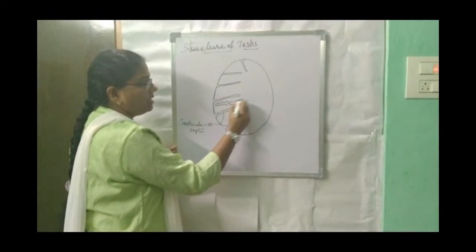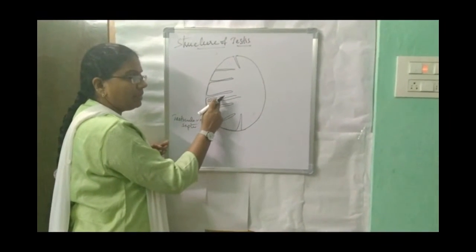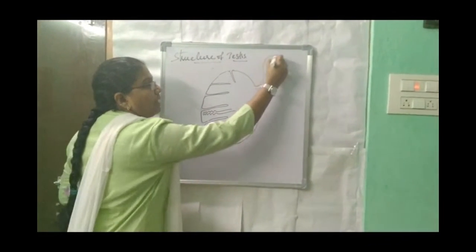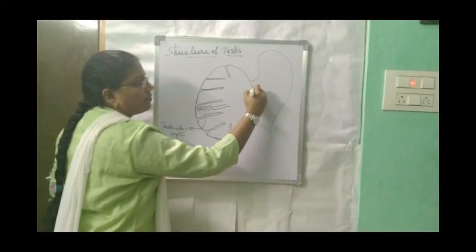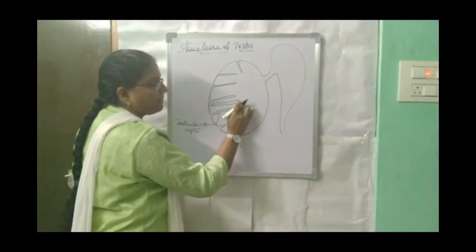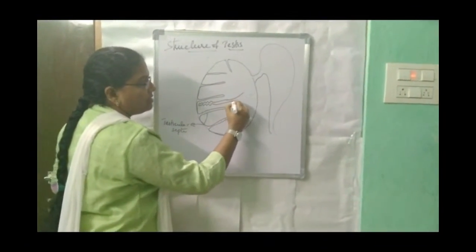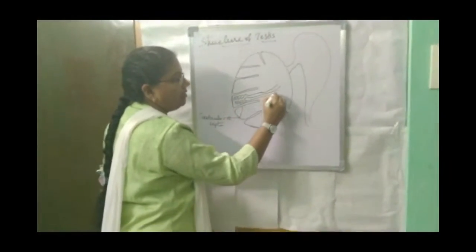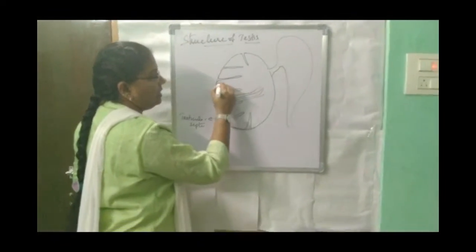From the start of the seminiferous tubule, it has many folds, and it moves towards the epididymis like this. Each compartment has a number of seminiferous tubules.